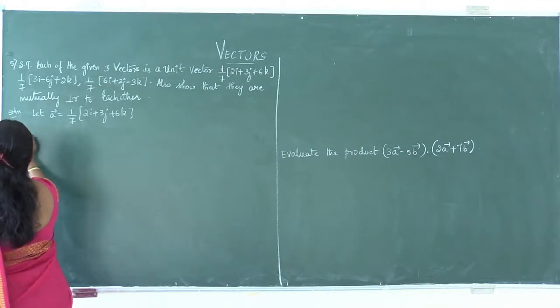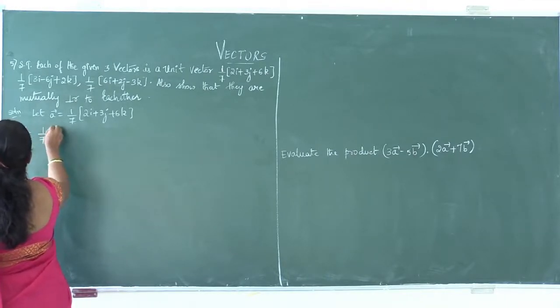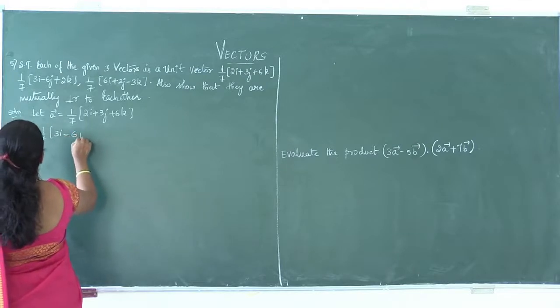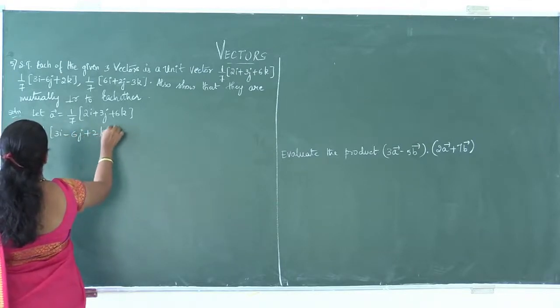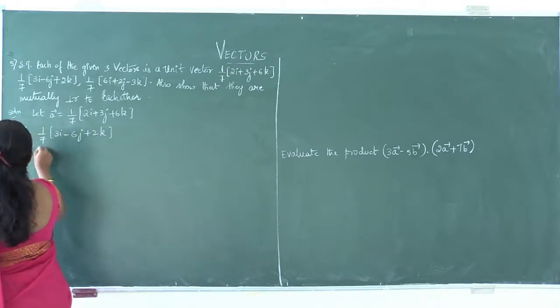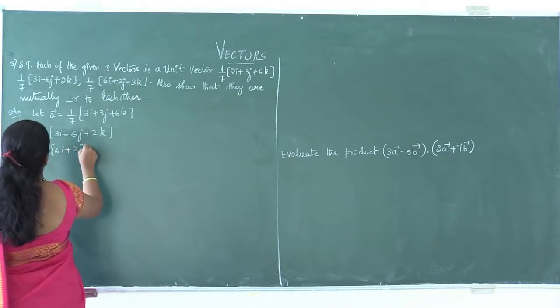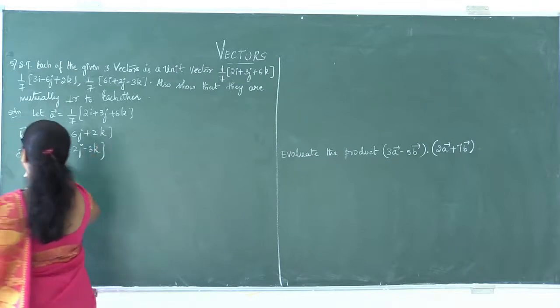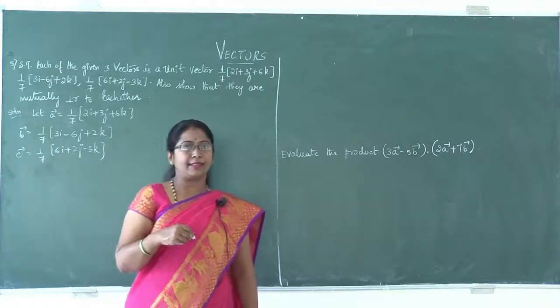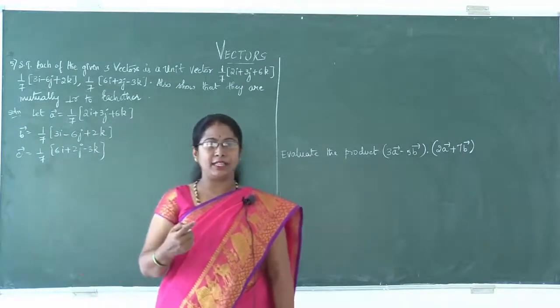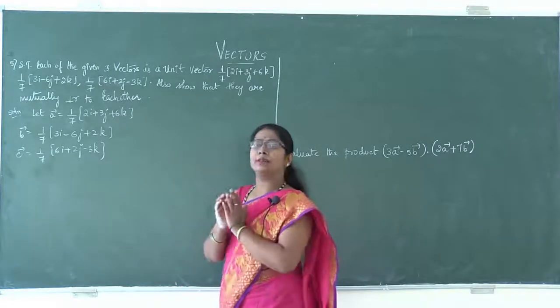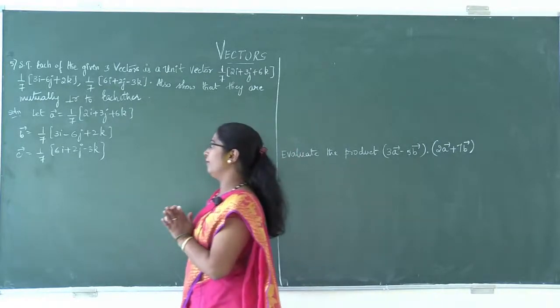Vector B will be 1 by 7 into 3i minus 6j plus 2k. What will be vector C again? 1 by 7 into 6i plus 2j minus 3k. Now we shall find out what is the magnitude of vector A.